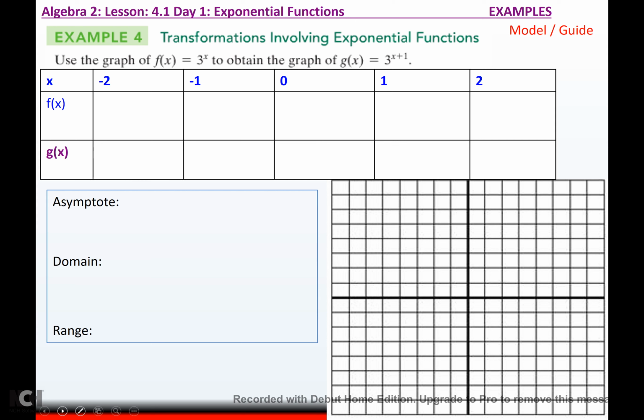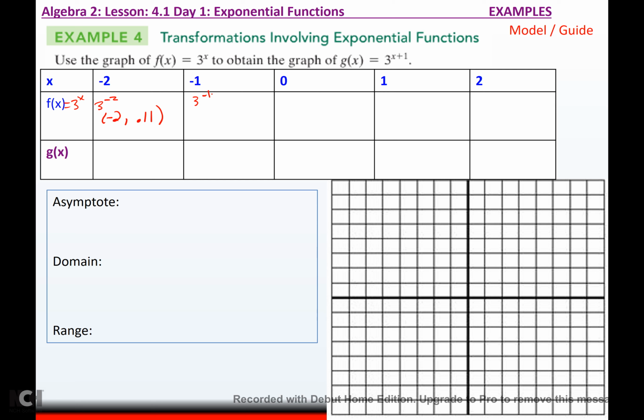It says, use the graph of f of x equals 3 to the x to obtain the graph of g of x equals 3 to the x plus 1. So mother would be 3 to the x. If I do 3 to the negative second, I get 0.111, so this would be negative 2, 0.11 repeating.